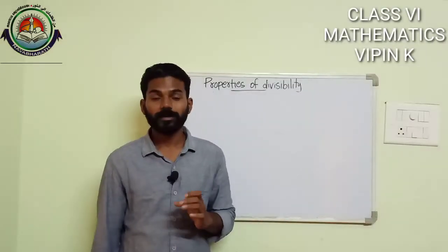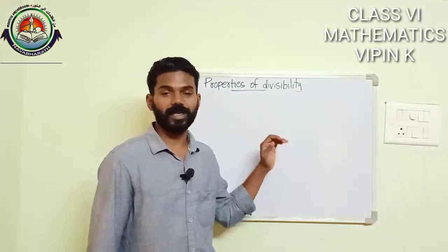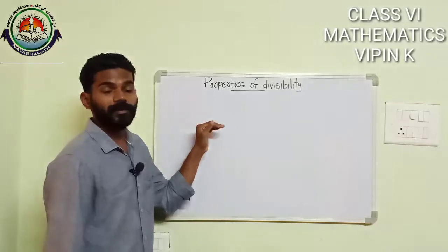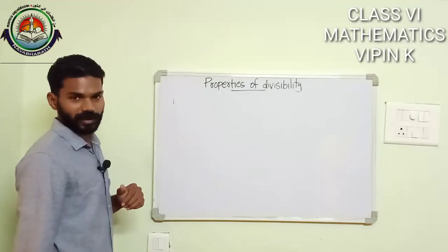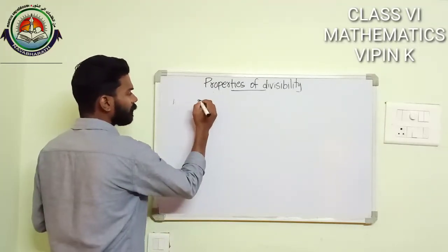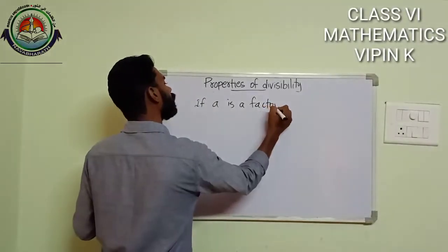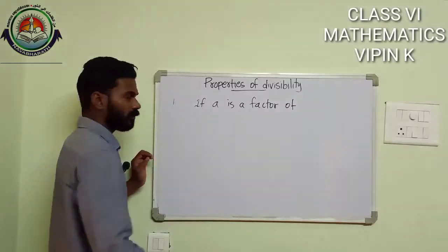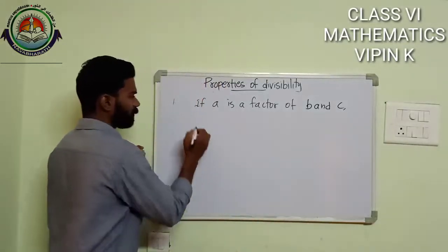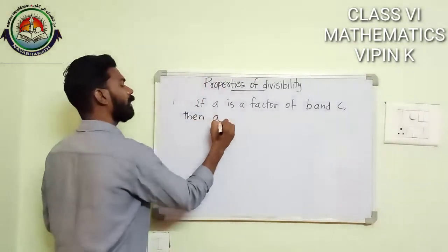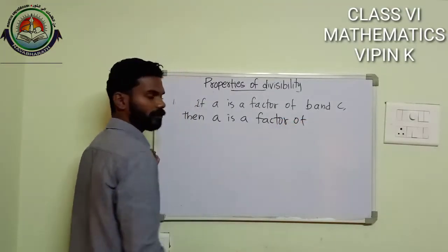Clear? Listen here. The third and the fourth property, we can generalize them and say with the help of algebra. Okay, so the third property can be generalized as, if A is a factor of two numbers, B and C, then A is a factor of the sum of those two numbers.